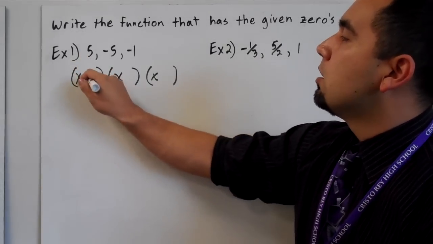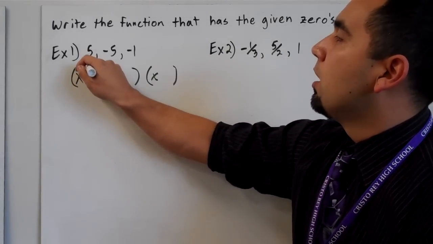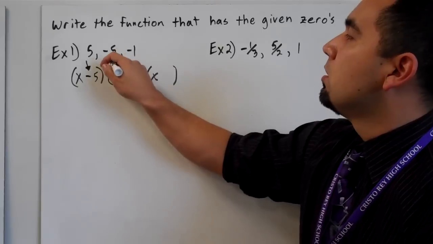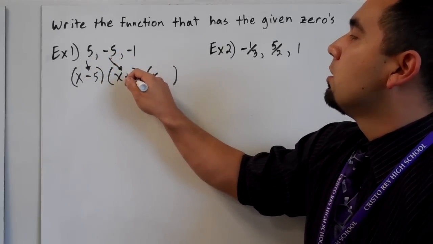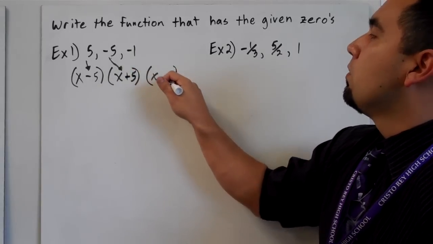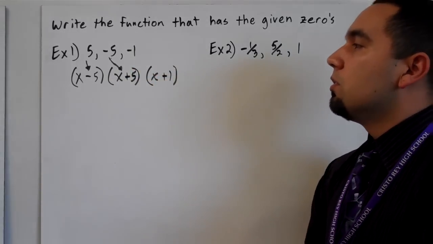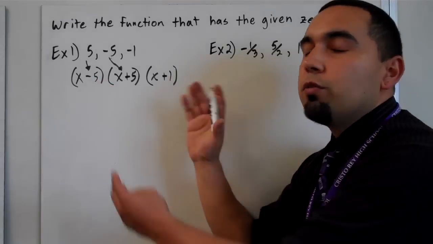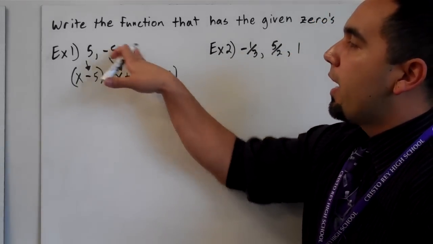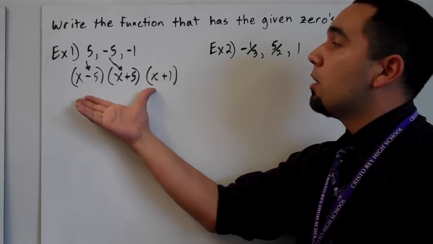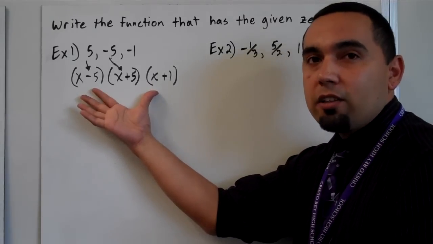Since this is positive, I make that negative, and since this is negative, I make it positive, and this is negative, so I make it positive. What I'm asking you to do is find the polynomial that has all these zeros, and this is how we do it. So here it is in its factored form.